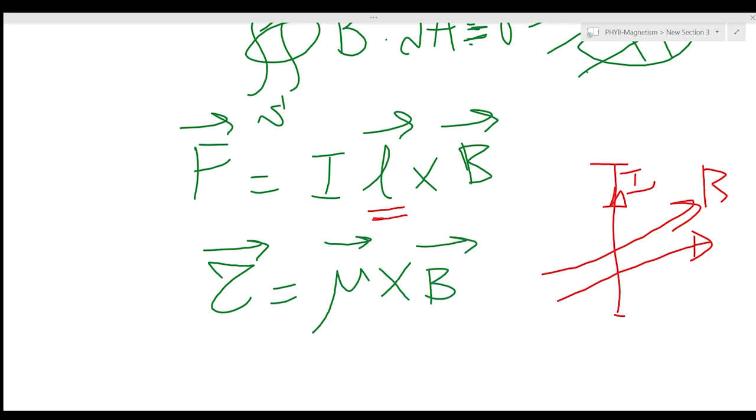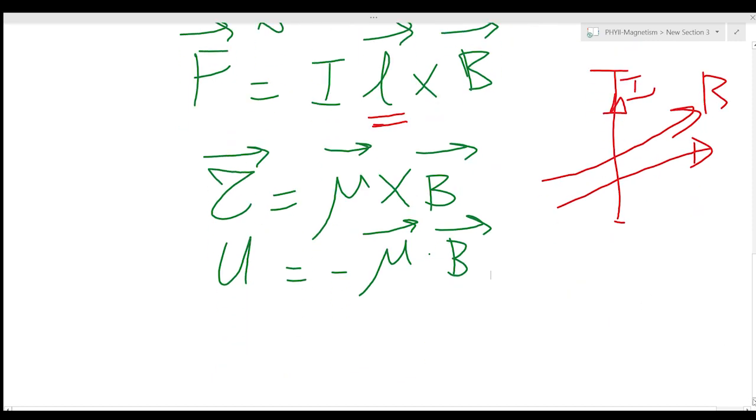That torque is given by the expression with mu, where mu is actually the dipole moment, similar to what we did when we did the electrical dipole, except in that case it was the electrical dipole that entered the expression. The energy of the system is then going to be given similarly by the dot product of the magnetic dipole times the magnetic field, with a minus in there. That magnetic dipole would want to align itself with the magnetic field, and this is the basis for a lot of applications, including of course motors.